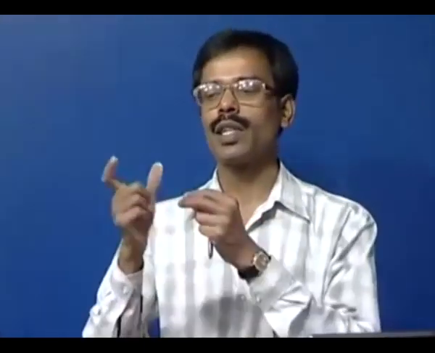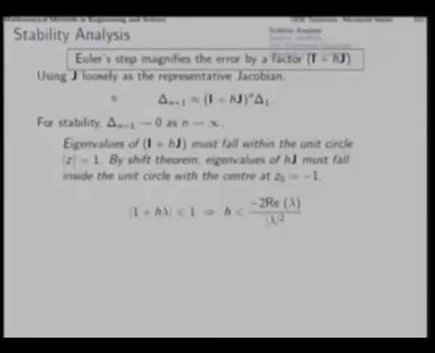If it is greater than 1, that will mean that the size of the error will keep on increasing. On the other hand, if it is less than 1, then that will mean the size of the error will keep on decreasing. So, using this J loosely as the representative Jacobian. Why do we say loosely as the representative Jacobian? Because as we move from one point to another, x will change, y will change, f will change, and therefore, J will also change in general.